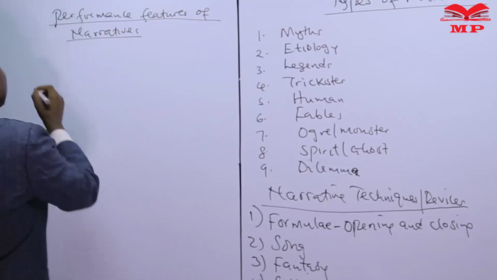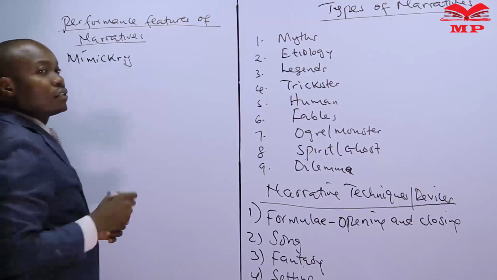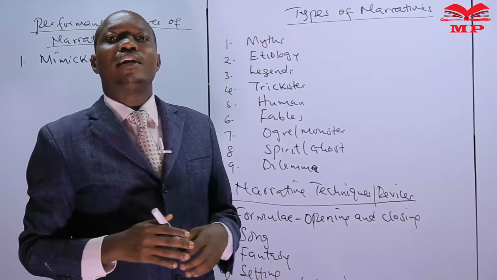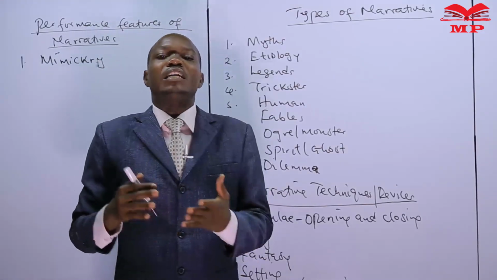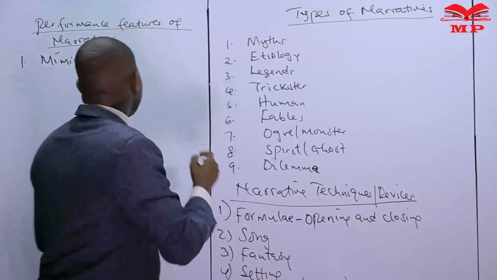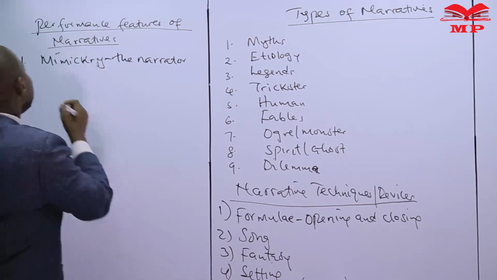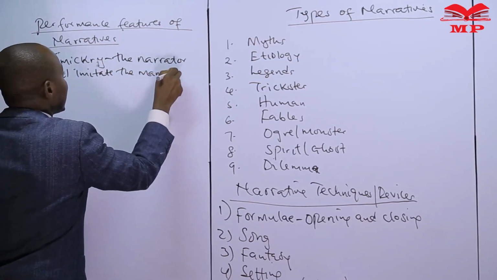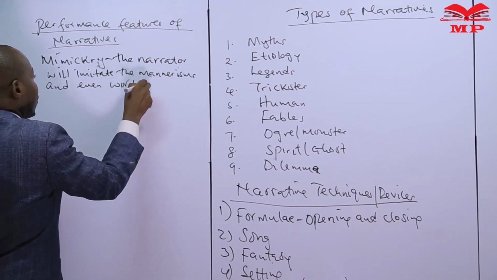The first feature is called mimicry. The word mimicry means to imitate. When you mimic someone or something, you are imitating that person. Now, in a story, the narrator, the person telling the story, might actually imitate the mannerisms and even words of a character.